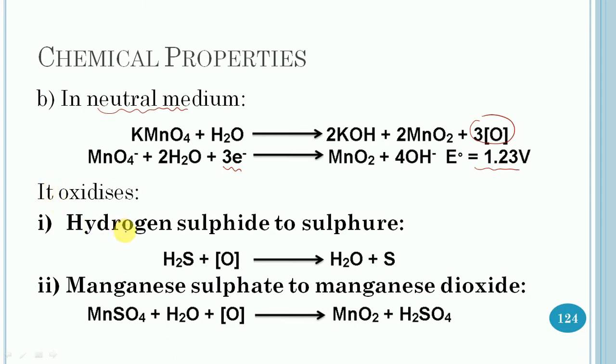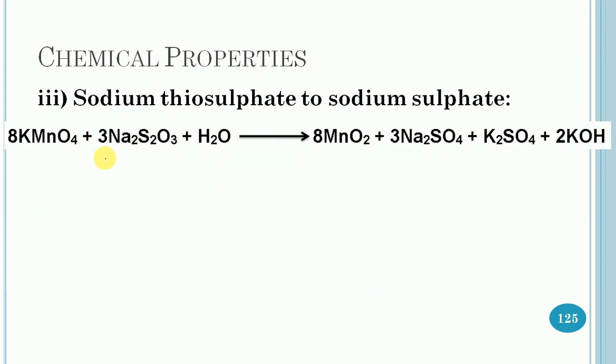In neutral medium, it can oxidize hydrogen sulfide to sulfur, manganese sulfate to manganese dioxide, and sodium thiosulfate to sodium sulfate. So these are all the reactions in neutral medium.